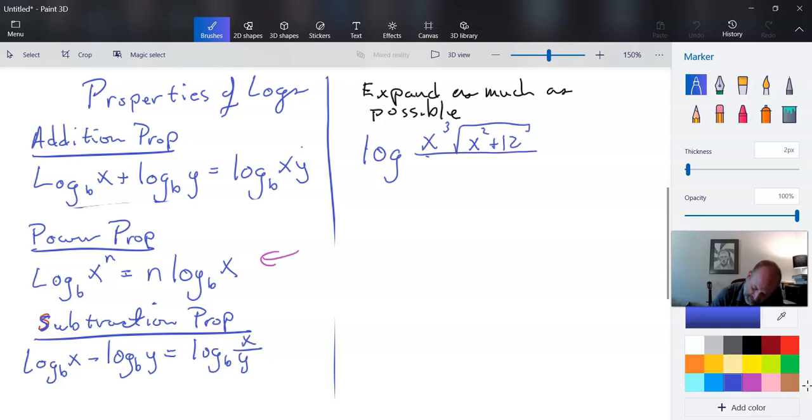Ooh, it's getting crazy already, isn't it? And that's over x minus 4 squared. Okay, so this one's a little bit more of a challenge. I want you to pause your video here and see if you can work this out, right? And then we'll work it out together.